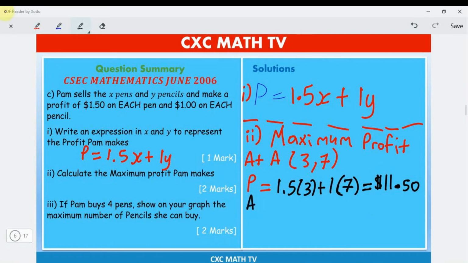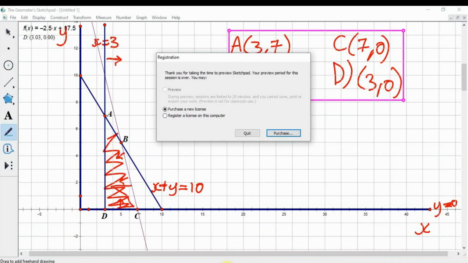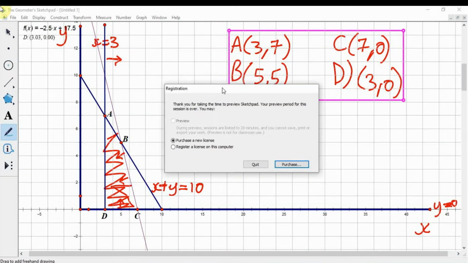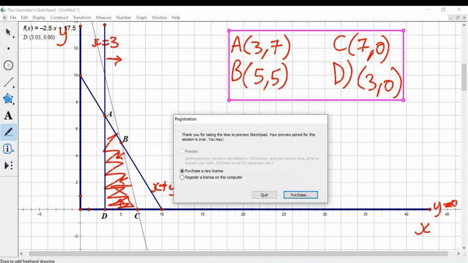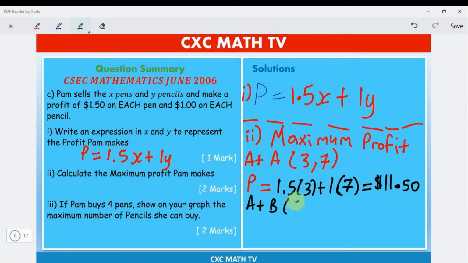Now let's look at B. At B, what was B again? B is the point 5, 5. All right, so since B is the point 5, 5, the profit would be 1.5 times 5 plus 1 times 5. Put that in a calculator.